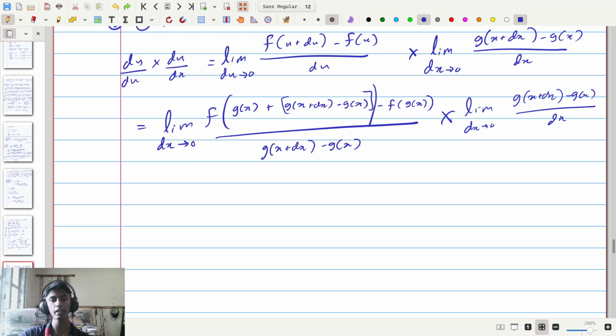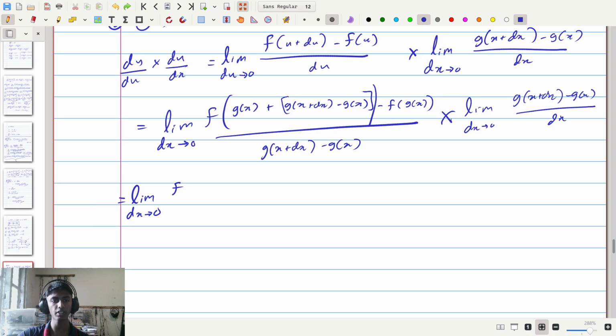So now, doing that, this is equal to the limit as dx approaches 0 of the product of this function and this function. Doing that, we have f of, and simplifying the inside, this g of x cancels with this negative g of x, leaving only g of x plus dx.